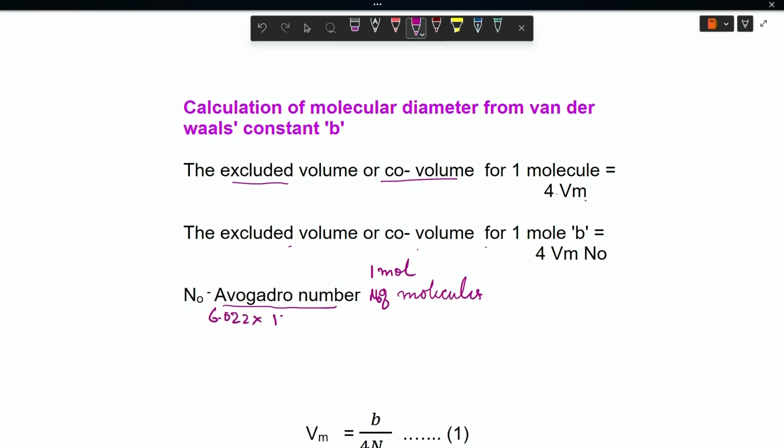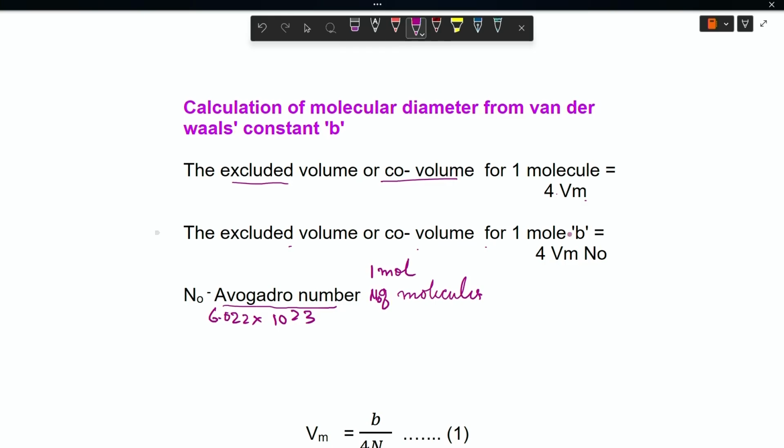For one molecule it is 4 Vm, so multiplying with N0, this is the value of B which we used as the van der Waals constant.